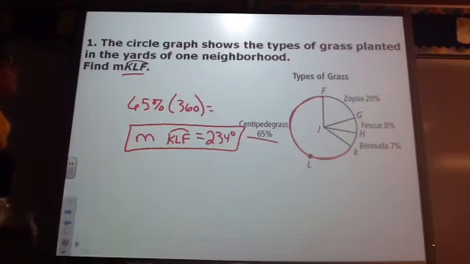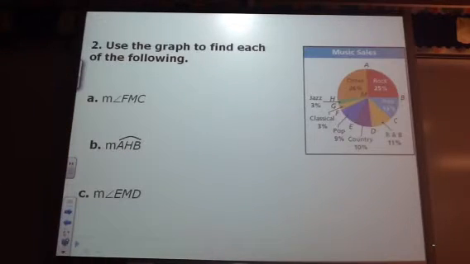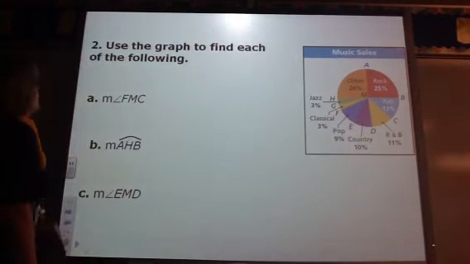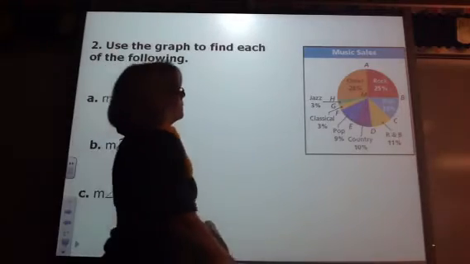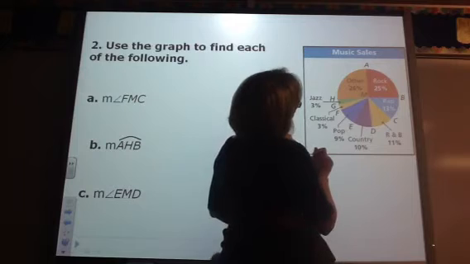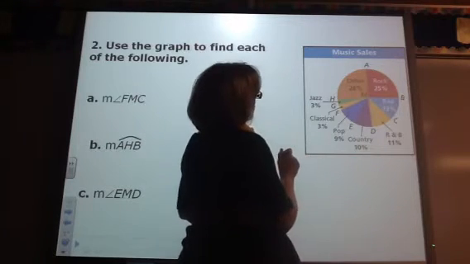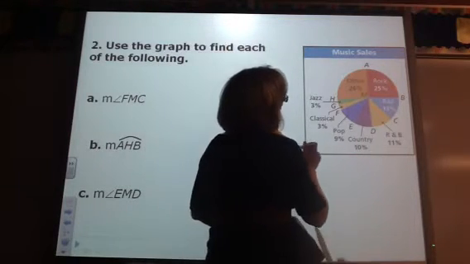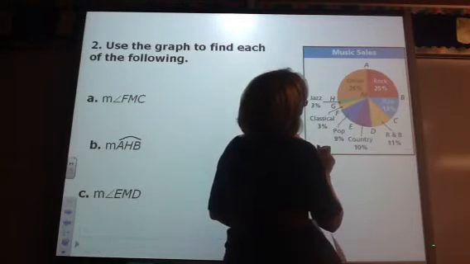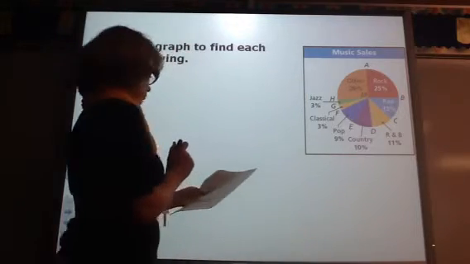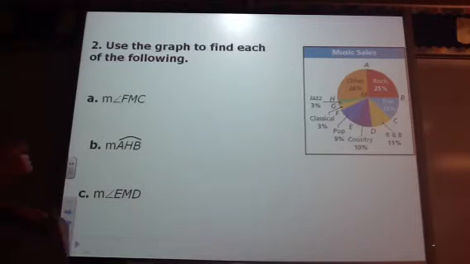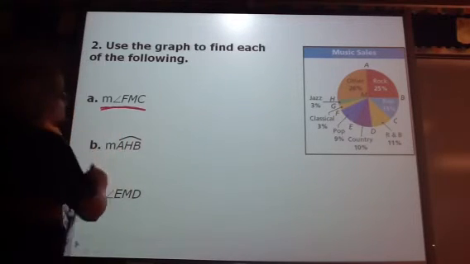All right, use the graph to find each of the following. Measure of arc FMC. Oh, okay, guys. I'm saying arc. This is not an arc. This is an angle.